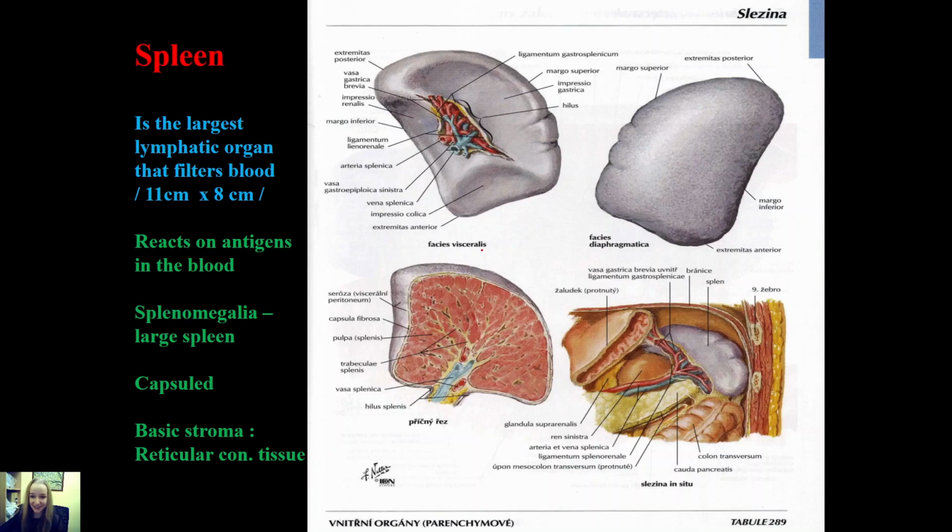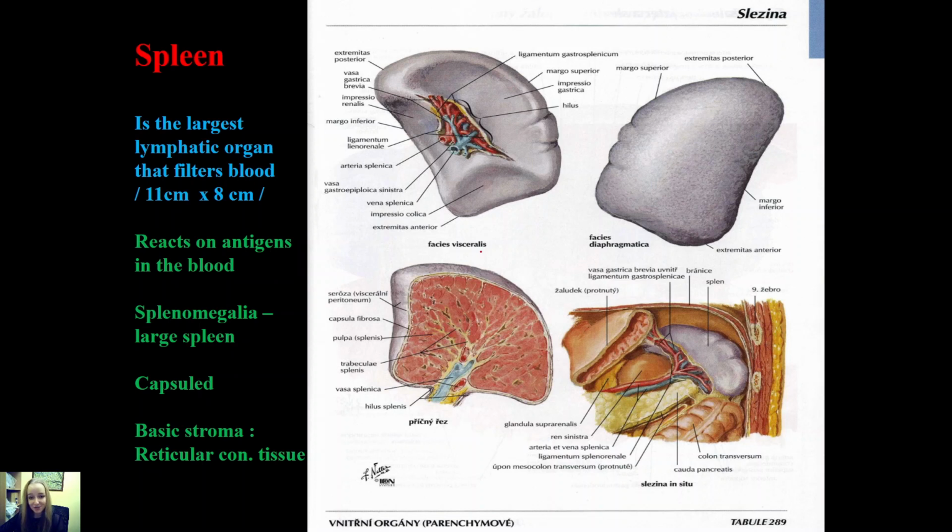Well, and the spleen. Spleen is another peripheral lymphoid organ which is fully encapsulated and is very big and very important. I can tell you, you can live without a spleen, but you would rather have a spleen.